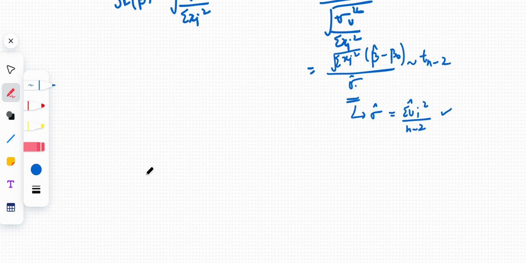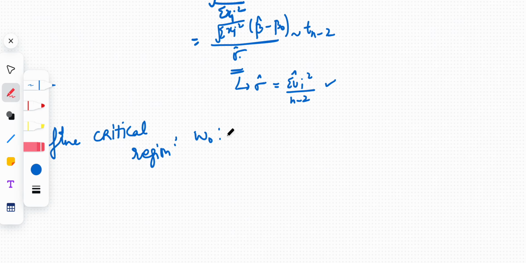Now for both of them we will define the critical region, which will be my W naught. For the first, it will be Z greater than Z alpha by 2, right?